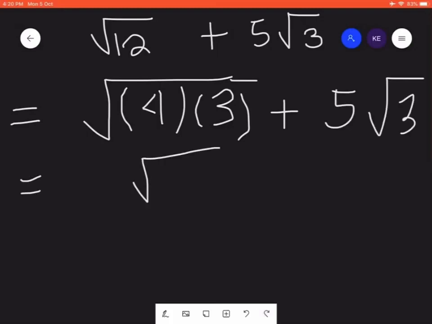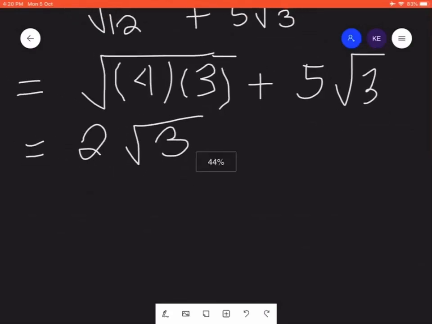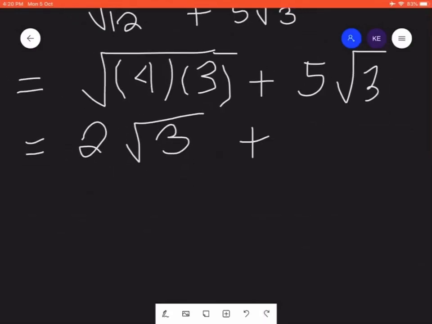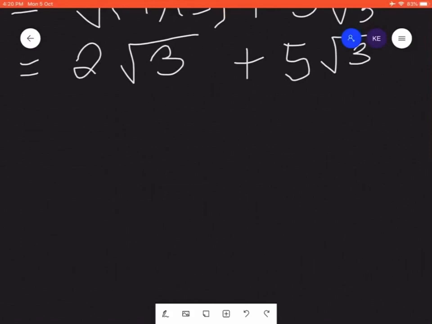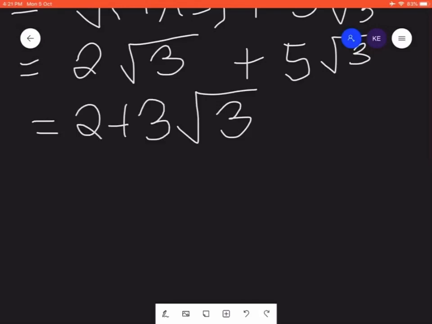Then you take the square root of 4, which is 2, then leave 3 behind inside the radical symbol. Now they're the same. Just like in the first example, copy first the square root of 3, then proceed to add 2 and 5.